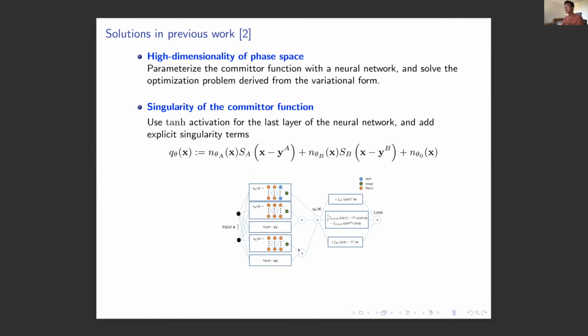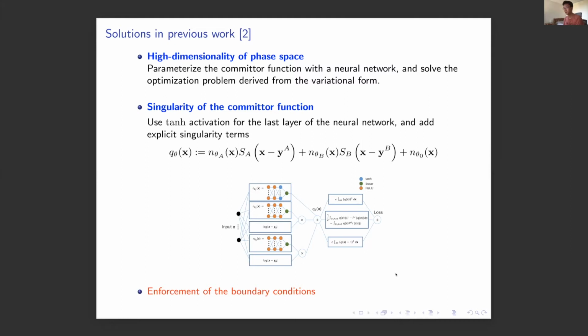In this figure, n theta 0 uses tanh activation in the last layer, which fits the sharp interface around the transition area. And S_A and S_B are two singularity terms which have the form of fundamental solutions to Laplace equations.